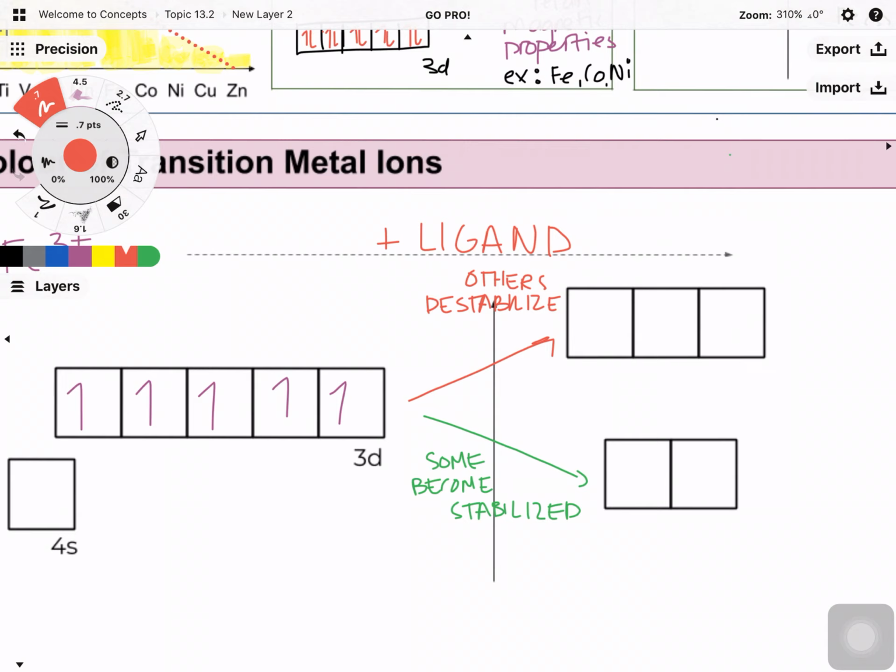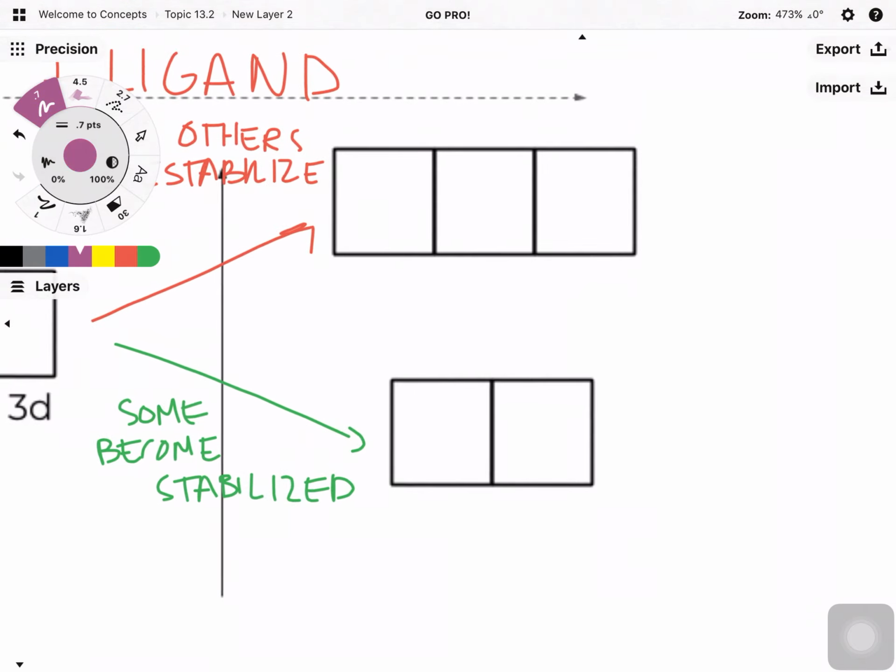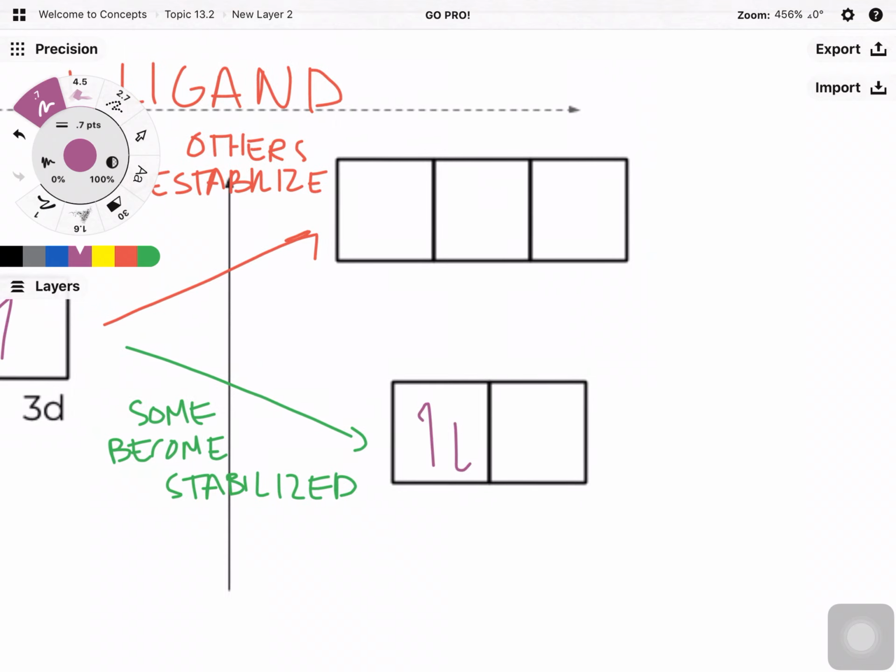As we add ligands, our 3d, or just overall d sublevel orbitals, tend to split. And what iron 3 plus looks like then is that we have some electrons here, again, filling up from the lowest energy level, one at a time, and then pairing.